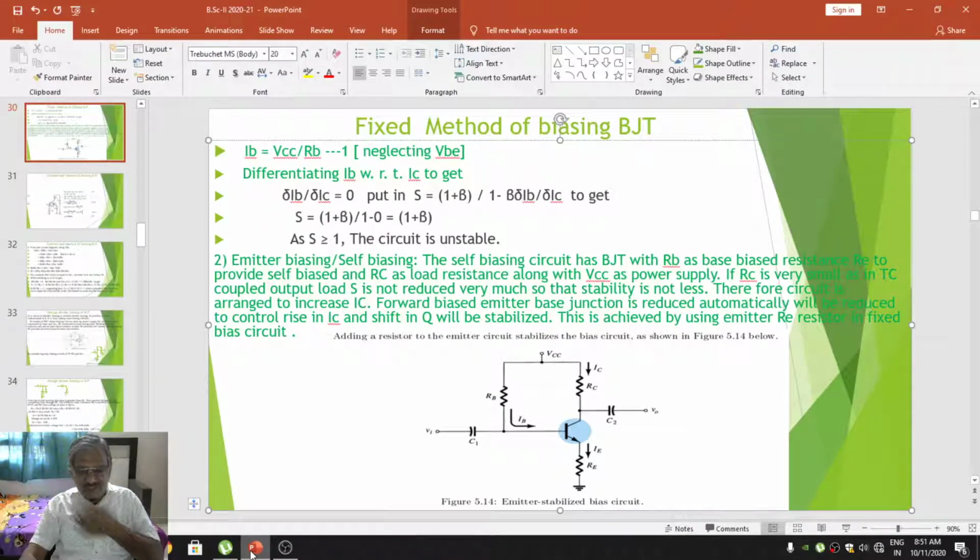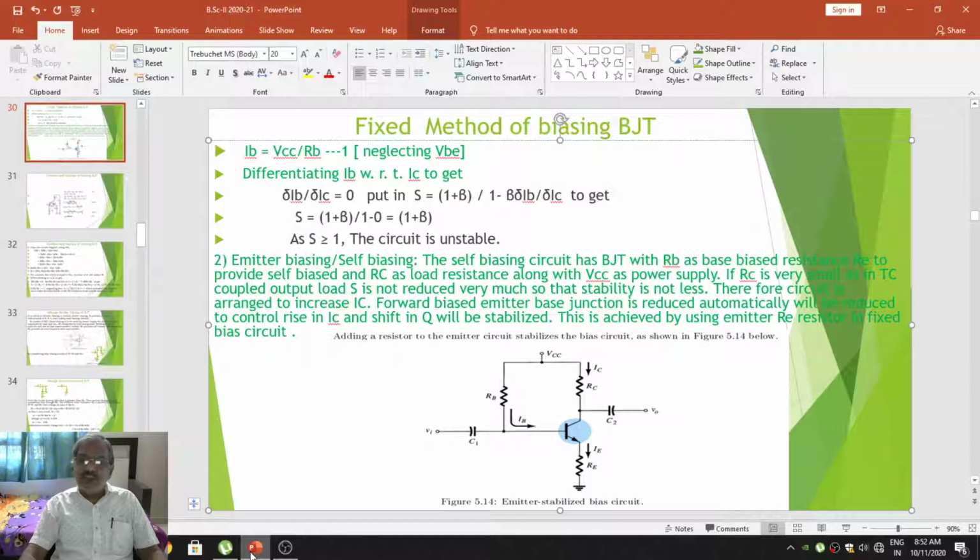In yesterday's lecture, we studied the fixed method of biasing the BJT, and we concluded that in fixed bias, a fixed base current is provided, which is obtained by connecting resistance RB as a biasing resistance between the base and VCC.